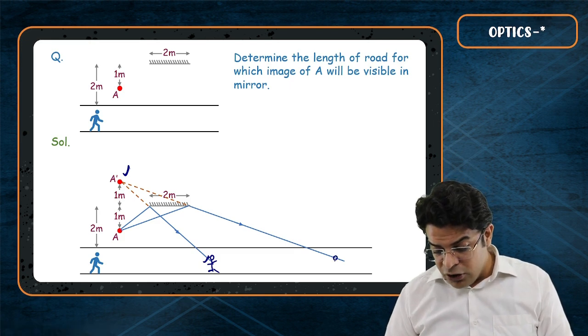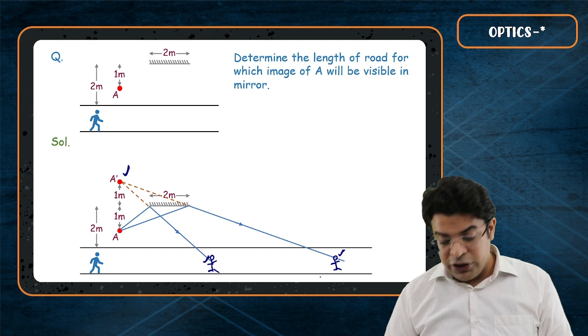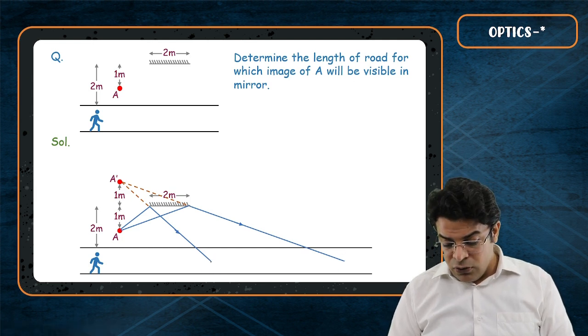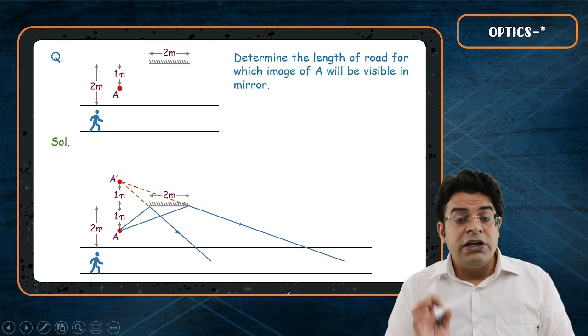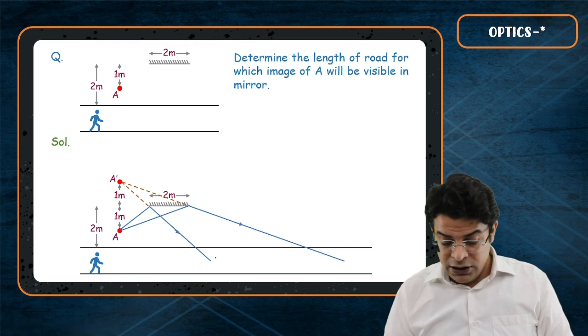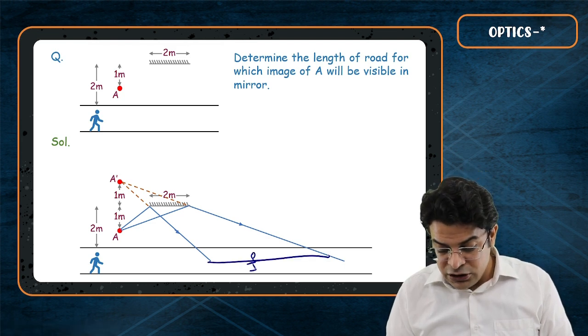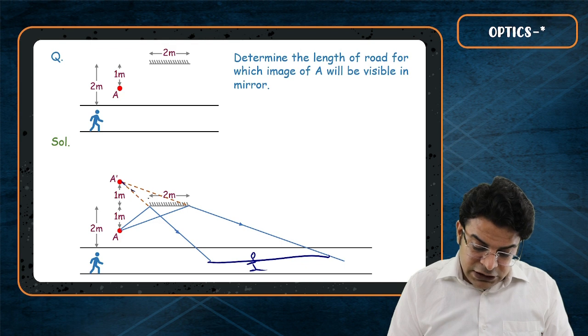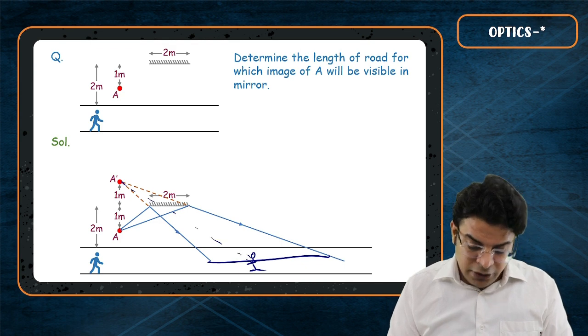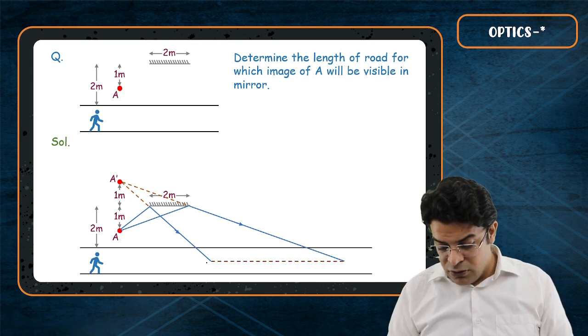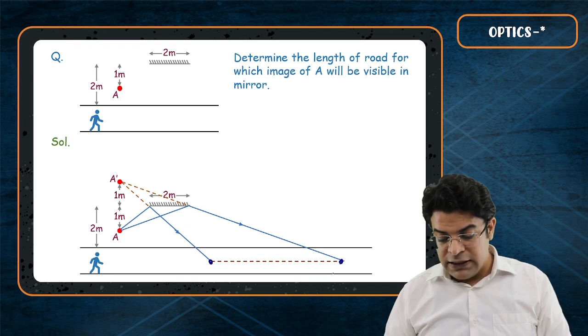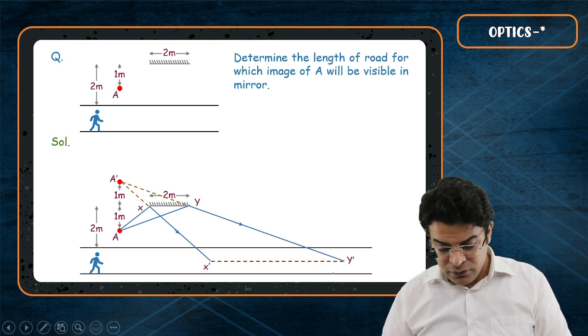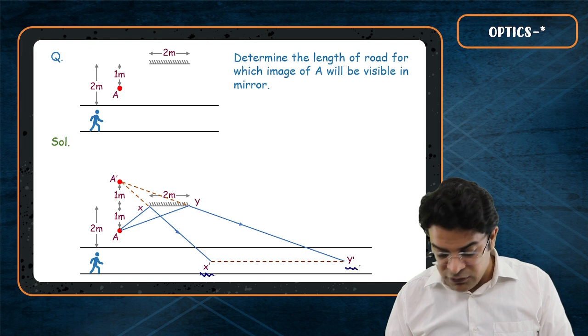And it will keep on appearing till the person reaches this point. So for this whole length, the person will be able to see for any position the image of A, which is A dash, in the mirror. So let's call this length x dash y dash. Now how to find this length x dash y dash?